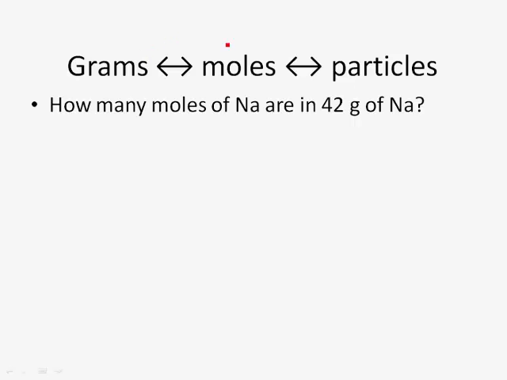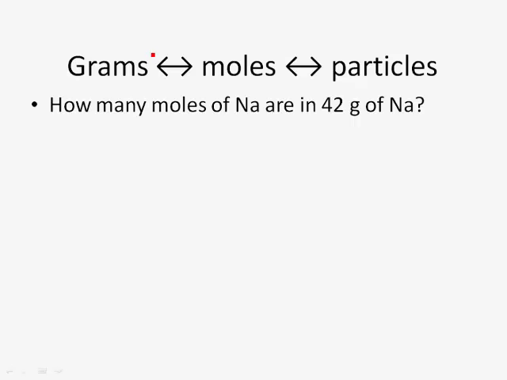So let's see how to do this. To transition between grams and moles, we're going to use the average atomic masses off of the periodic table. Up to now, we've been dealing with the mass of a single atom or a molecule, small particles, small masses, and so we use atomic mass units. But the neat thing is that the value of a mole is defined so that if we express the average atomic mass in grams, the same number but in grams instead of atomic mass units, then that is the mass of a mole of those particles.